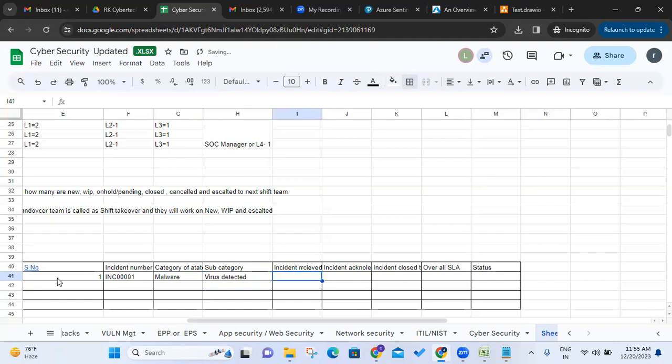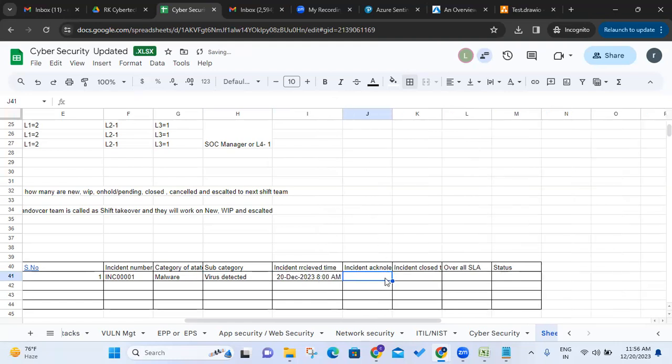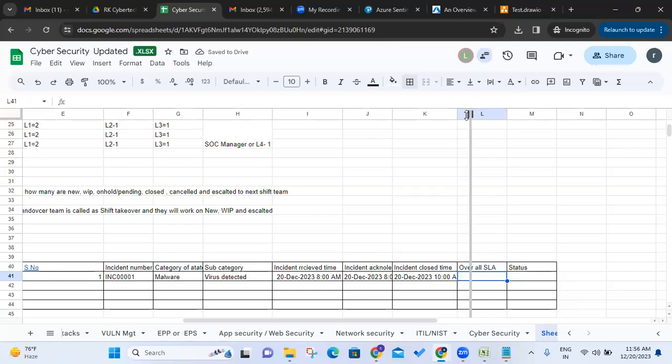Incident receive time, for example, 20th December 2023 at 8 a.m. Acknowledgement time: within 5 minutes you acknowledged to the team members, 20th December 2023, for example 8:05 a.m. And incident close time is 20th December 2023 at 10 a.m. Overall SLA time, how much now? 2 hours, sir. 2 hours, yes.